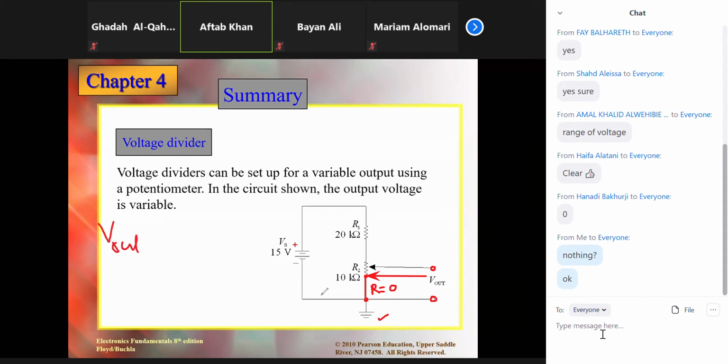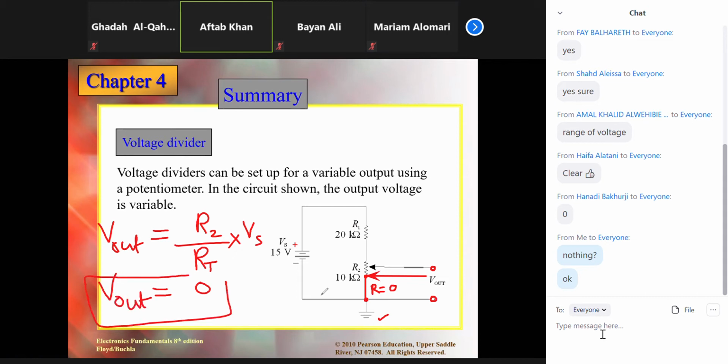V out will be R2 over RT multiplied by Vs. Now, when the arrow is down, the resistance R2 value is 0, girls. So when it is 0, you know that if you multiply 0 with any value, you are going to get 0. So at that time, V out is going to be 0. Is it clear?